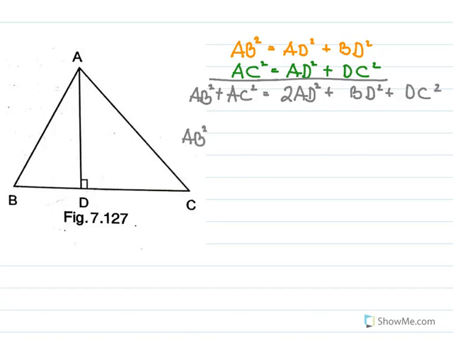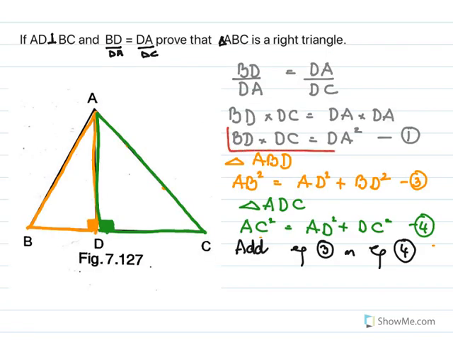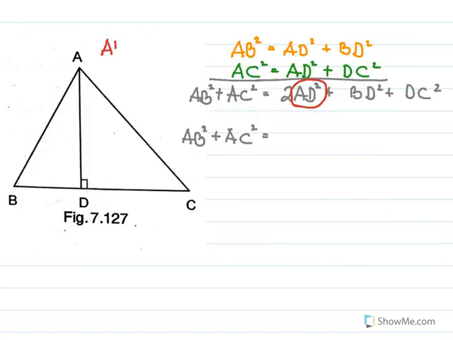So AB square plus AC square equal to, now we are going to substitute for AD square. Earlier we saw that AD square was BD into DC. So we write twice BD into DC plus BD square plus DC square.